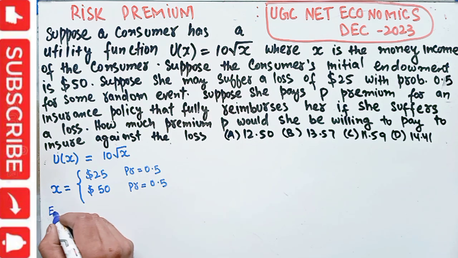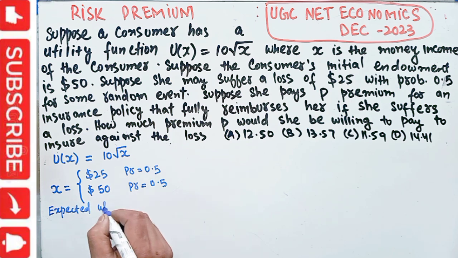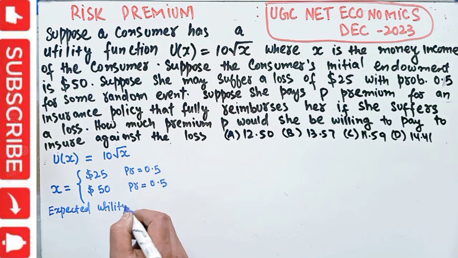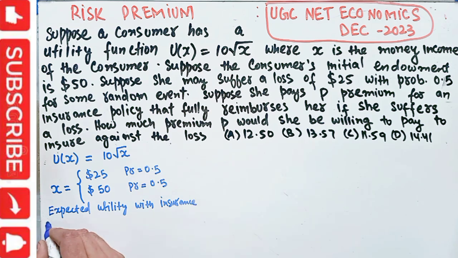Okay, we will find out the expected utility without insurance. Let's denote it by W, expected utility. I am really sorry. So expected utility without insurance. What will be her expected utility without insurance?